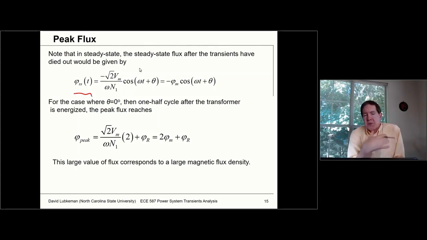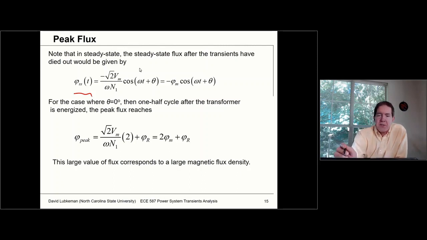Once we're in steady state, we have this relationship between voltage and flux without those DC terms. It's just like in an RL circuit, where the current DC offset disappears. The same thing happens with the flux in the circuit due to hysteresis and eddy current losses.